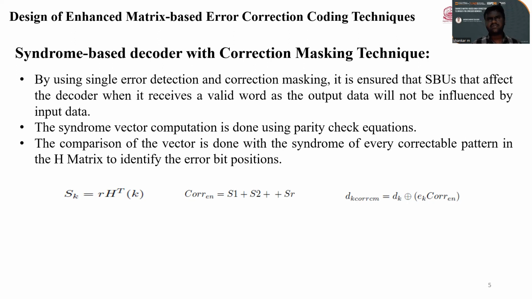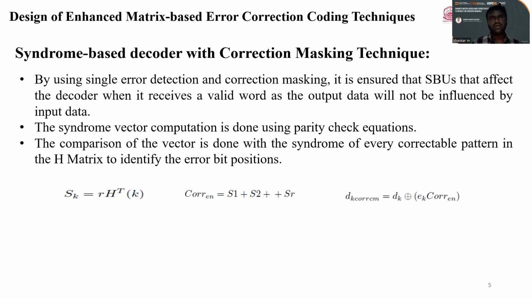The correction masking technique is an existing effective way in which the error pattern is created with the help of the syndrome vector, which I'll be discussing further in the presentation. Sometimes the error patterns get corrected for different reasons, like those I have mentioned previously. So to avoid miscorrecting the bits, we mask the error bits using a method called the correction masking technique. This is the use of the correction masking technique.